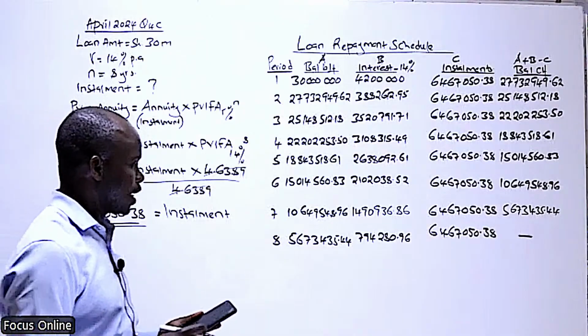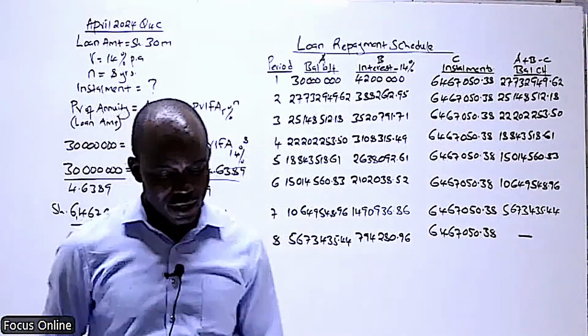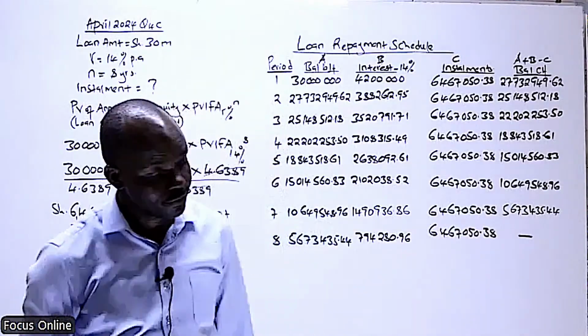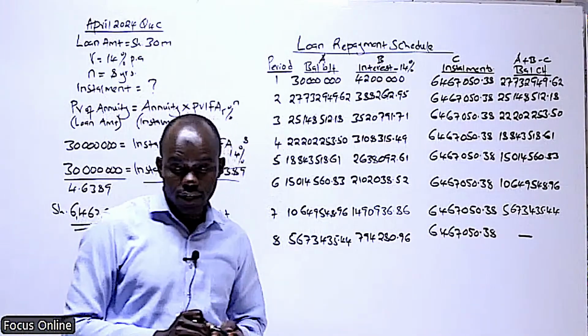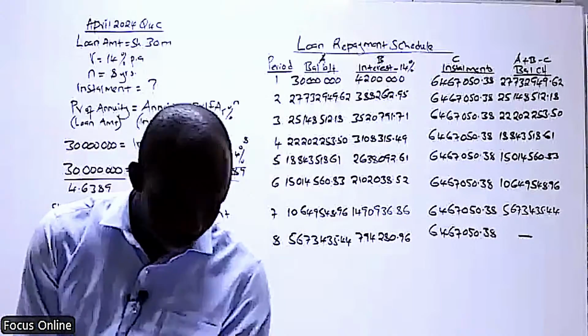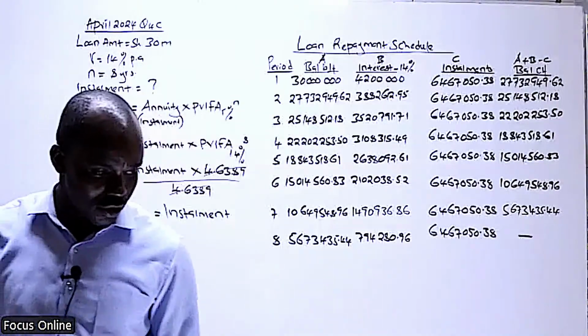We're getting a balance of 666. That is because of rounding off. So that should be okay.